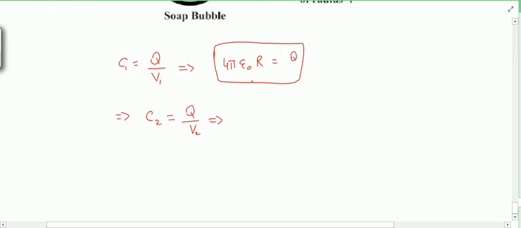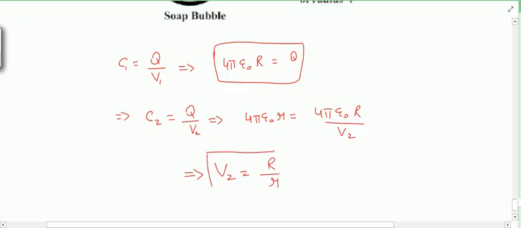So you can write in place of q this value, and C2 is 4 pi epsilon naught small r, equal to 4 pi epsilon naught capital R divided by V2, and you can write V2 as capital R divided by small r, right, capital R divided by r.